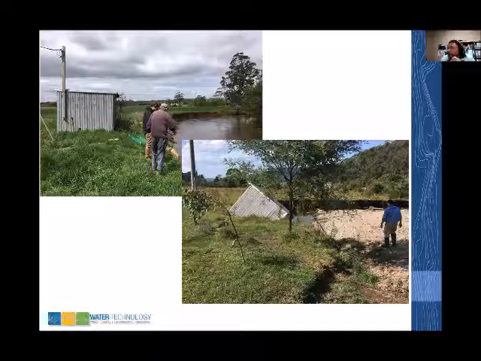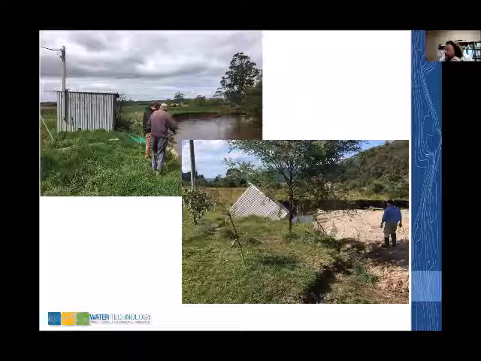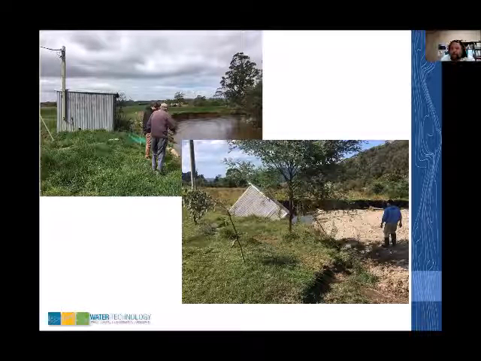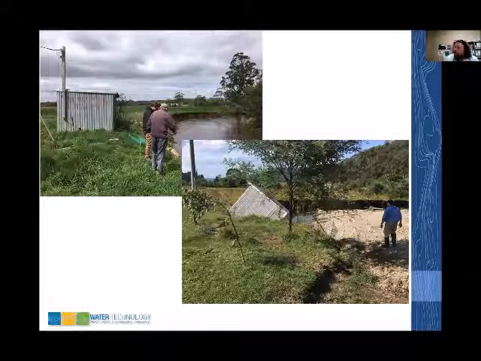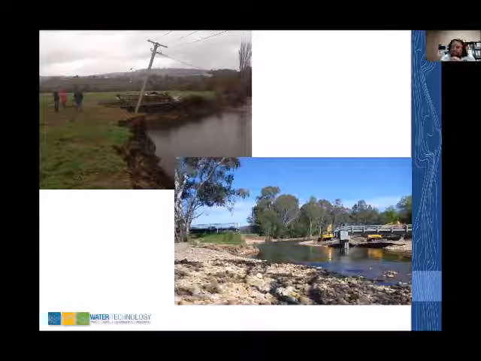But it's not just limited to private infrastructure. We see this quite commonly as well, and a lesson that was commonly observed after the 2016 floods across the country was the placement of electricity poles or telephone poles within close proximity of an outside bend of a river.